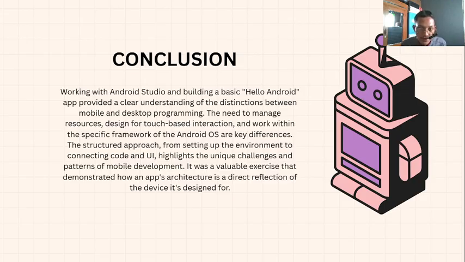The structured approach from setting up an environment to connecting code and UI highlights the unique challenges and patterns of mobile development. It was a valuable exercise that demonstrated how an app's architecture is a direct reflection of the device it's designed for.